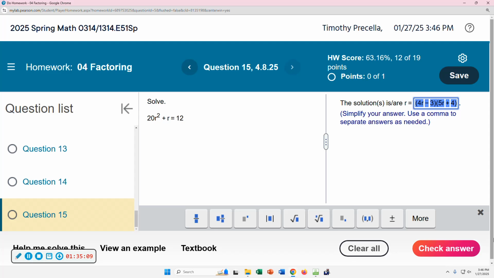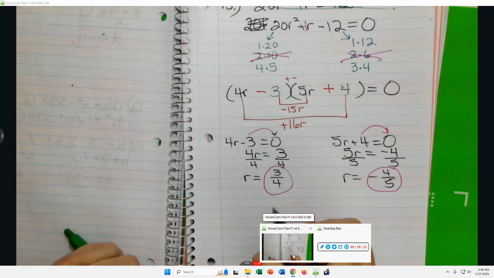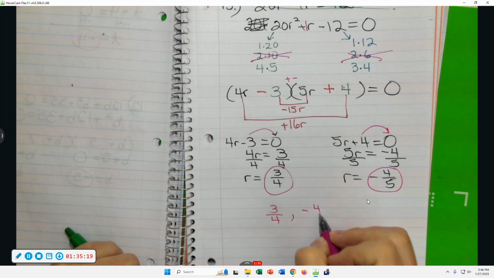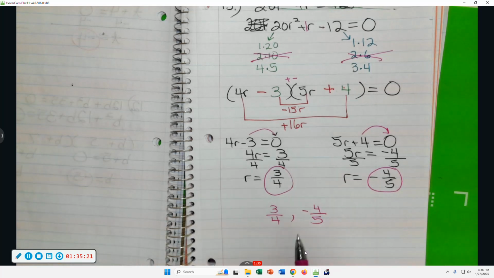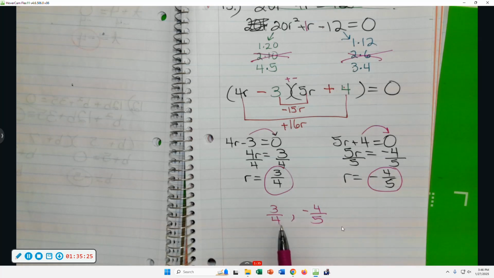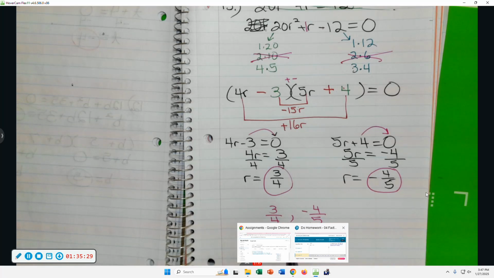Switch back. Here's what you're going to be typing in. You have two fractions, and you're going to have to type in 3/4, comma, negative 4/5. That comma is not in the denominator. Do not put a comma in the denominator when you're typing in the answer.